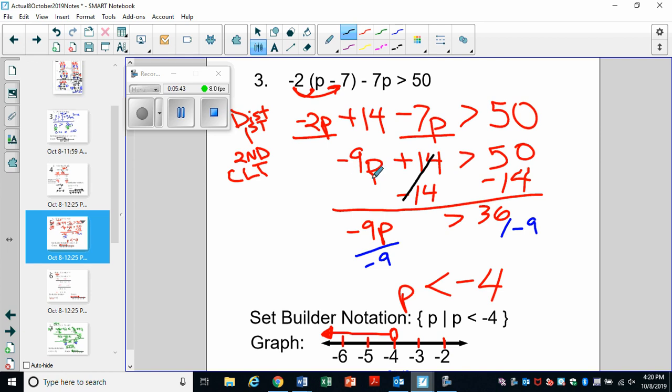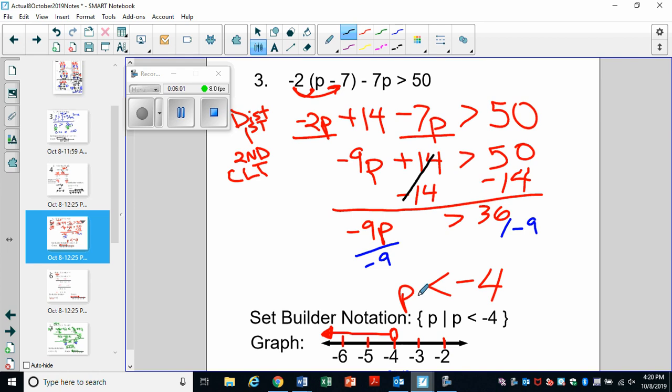And then the 9p, or in this case negative 9p, comes on down for the ride. So now we have negative 9p is greater than 36. But now we're dividing both sides by negative 9.